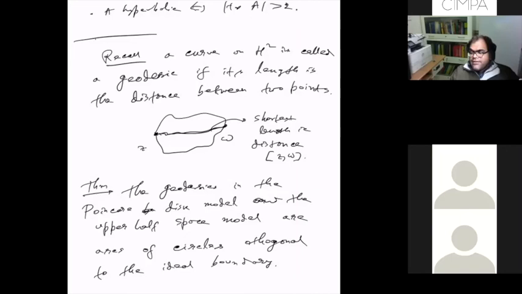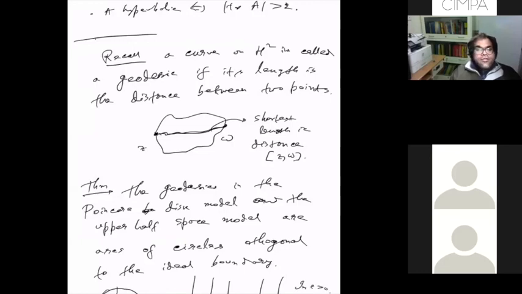In the disk model, what happens? You have the disk. Now these are the geodesics. In the upper half space model, you have these vertical lines, which you can consider as circles passing through infinity, and you have these circles orthogonal to the real line.